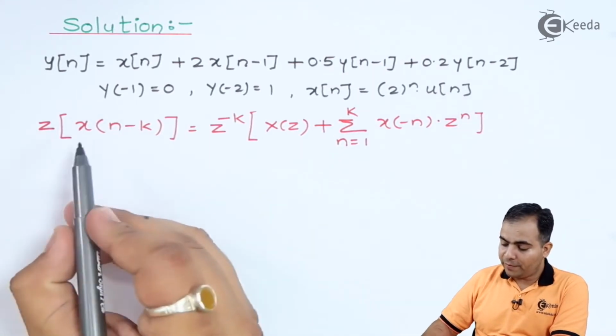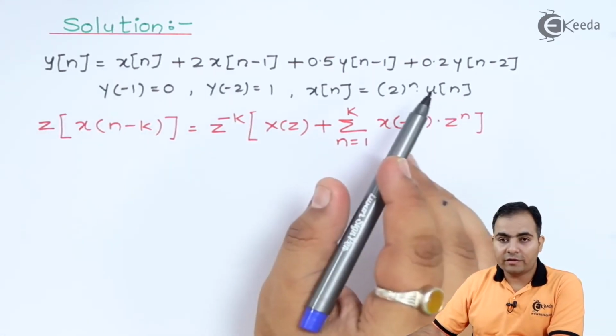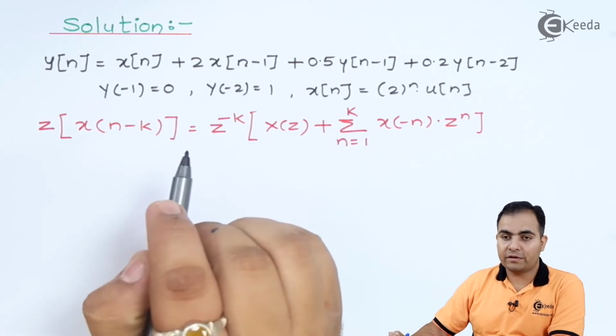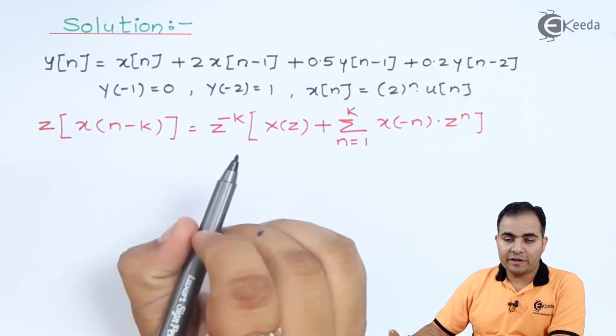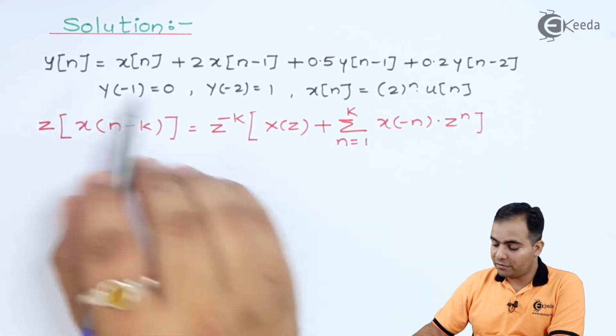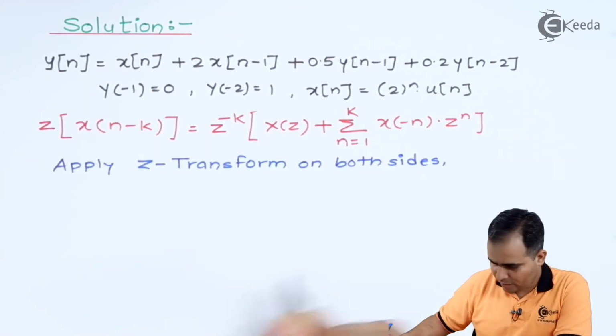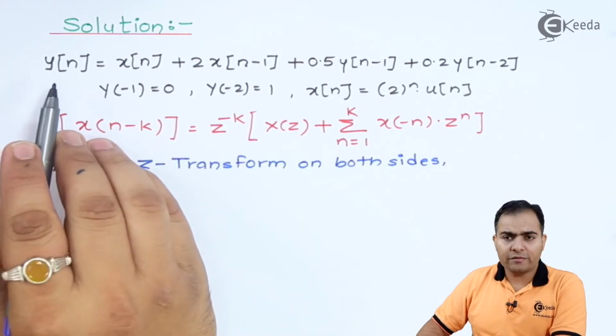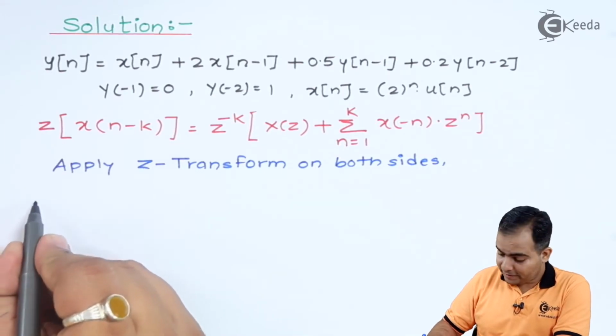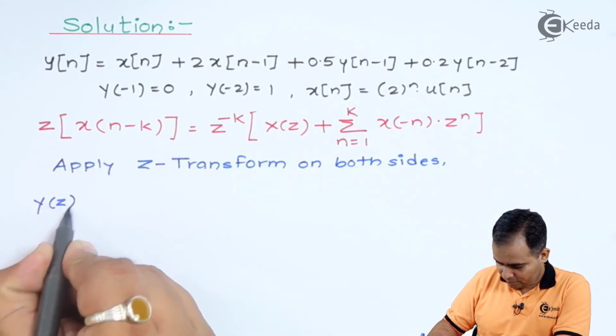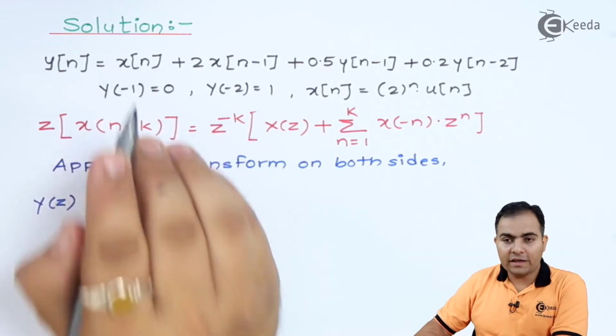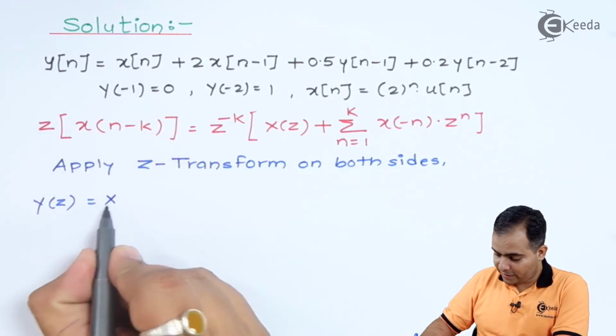Now we will apply this formula over here, but how? First of all we will use a statement: we are going to apply Z transform on both the sides. So the Z transform of y of n is represented by y of z. Next, x of n, Z transform is x of z.